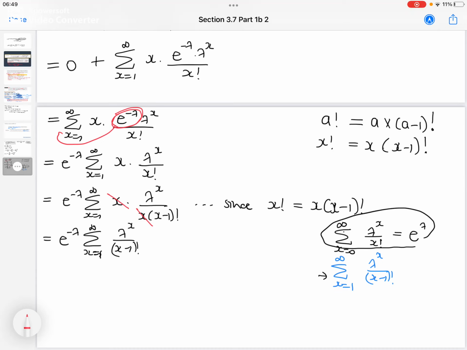It's because if you look at the summation sign, we have x equal to 0 there, and then we have x equal to 1 here. The sum goes from 1 to infinity, and there the sum goes from 0 to infinity. In the numerator, we have lambda to the power x, lambda to the power x, but the denominators are not the same.